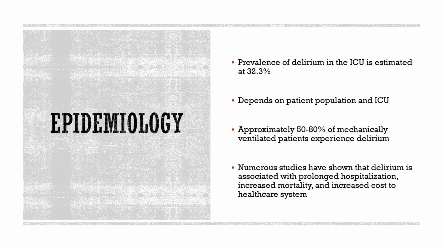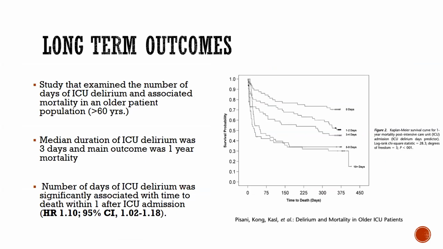So why do we care about this? Numerous studies have shown that delirium is associated with prolonged hospitalization, increased mortality, and also increased cost to our healthcare system. When we're talking about long-term outcomes, one of the important ones we look at is mortality.